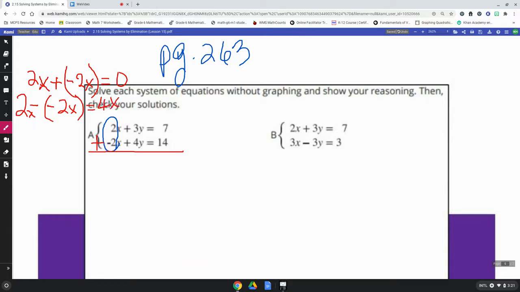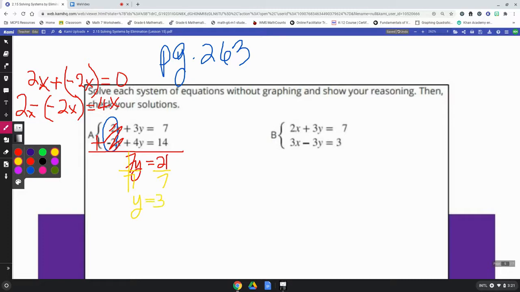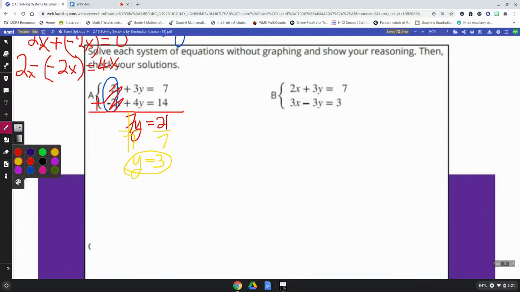That doesn't help me eliminate a variable. So 2x plus negative 2x is 0, just like we want. So this gives you 7y equals 21. We solve for y, so we divide by 7 on both sides. y equals 3.